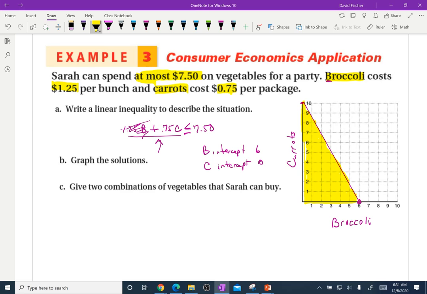You could pick things like this one right here. I could say, I want 2 broccolis and 3 carrots. So you could say 2 bunches of broccoli and 3 packs of carrots.